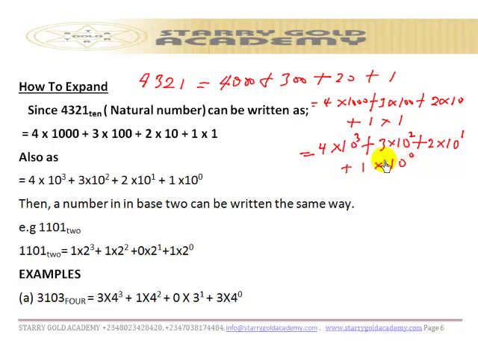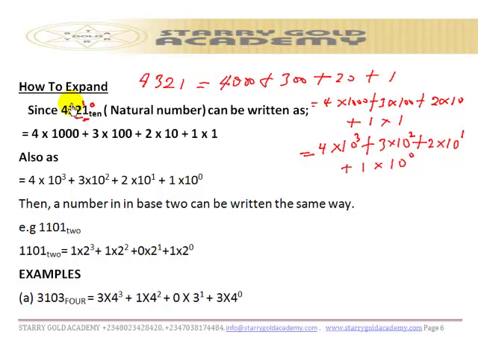So if I can expand these numbers this way, it means that there is a principle that guides the expansion of numbers. The unit here that I'm pointing to right now carries the power of 0. The tens carries the power of 1.